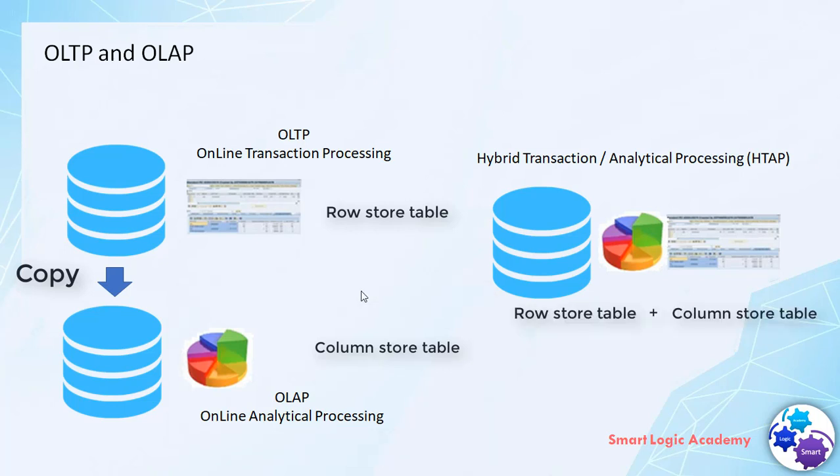SAP HANA database supports both row tables and column tables. Row tables and column tables are storage types of table that decide how the two-dimensional tables get stored into the database, either row wise or column wise. Both table storage types are needed in a platform that handles transactional and analytic applications in the same database.